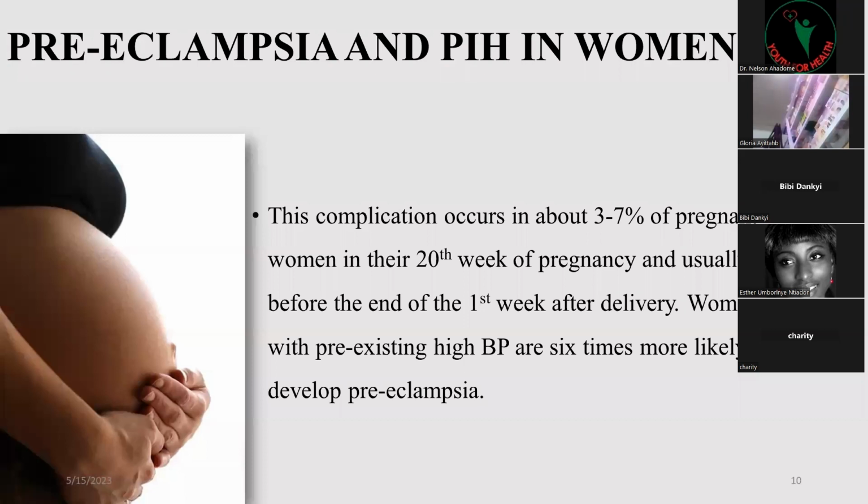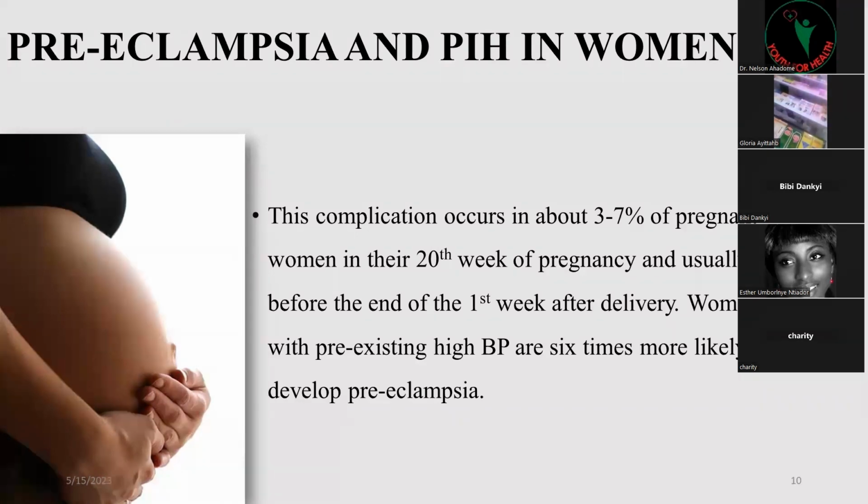So preeclampsia occurs in 3 to 7% of pregnant women after the 20th week of pregnancy, and usually before the end of the first week after delivery. Women with pre-existing high blood pressure are 6 times more likely to develop preeclampsia.